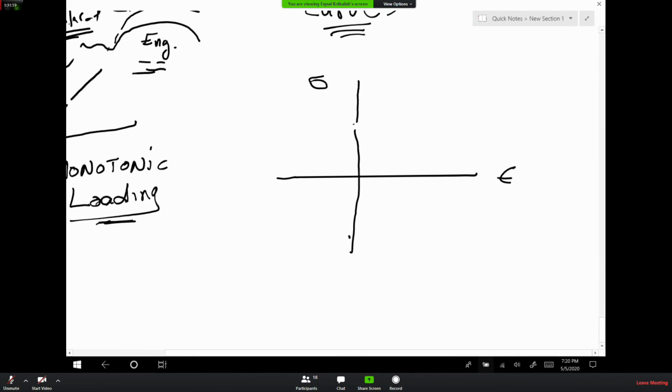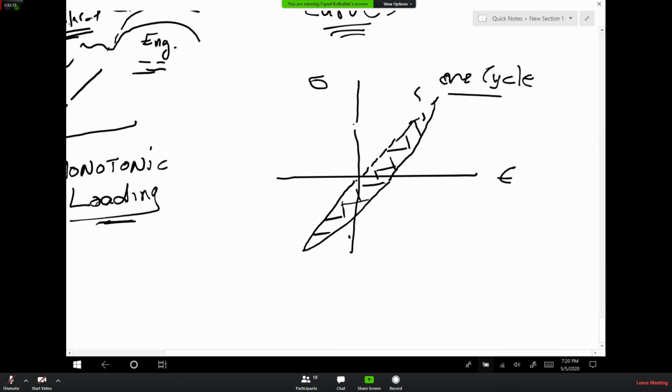And what we do, we load in tension, then we unload. Then we load in compression, then we unload. This here, like this, is to be considered one cycle. So this is monotonic loading, and that is cyclic loading.